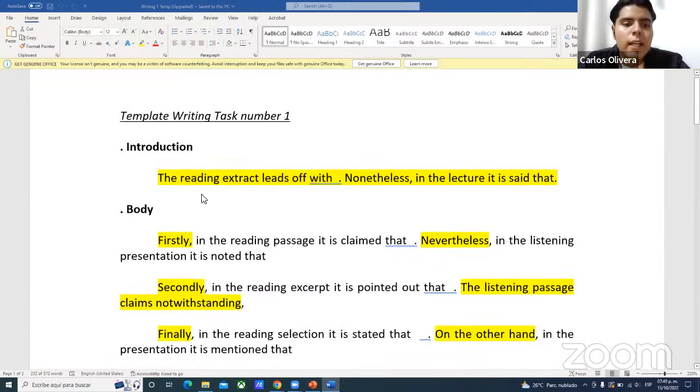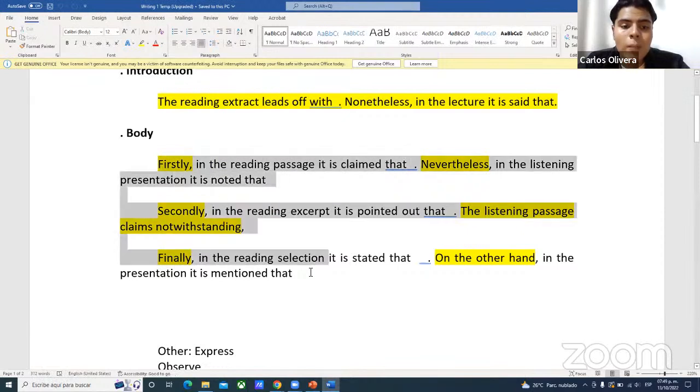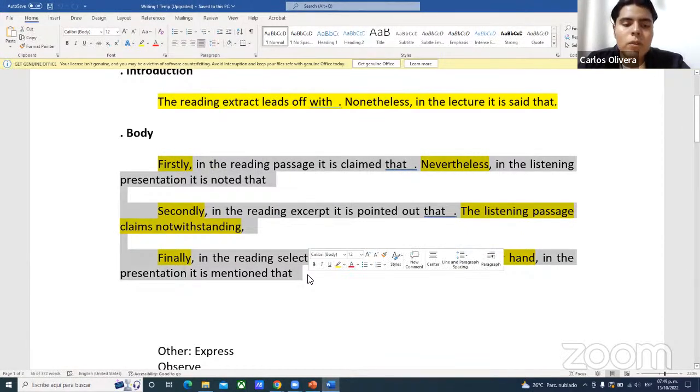Very simple. Body. As you can see, the body contains this phrase, and this is always something that you're going to include in your essay: Firstly, in the reading passage, it is claimed that. Of course, this is the summary of your materials, but more detailed, more specified.